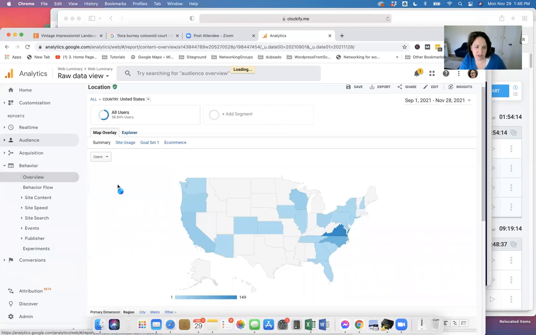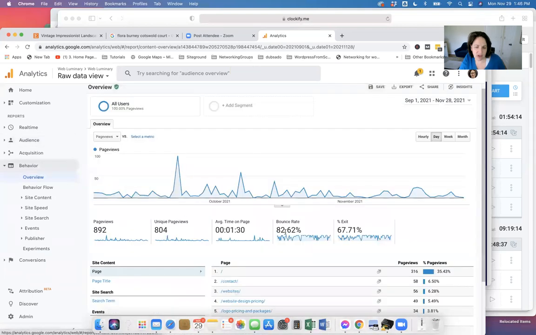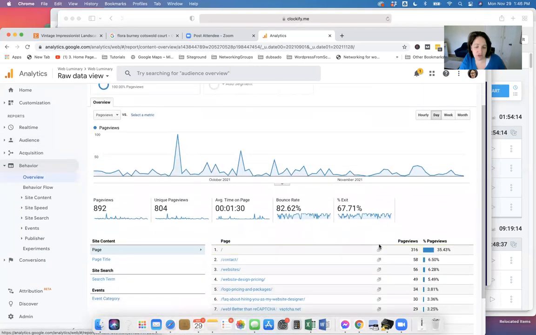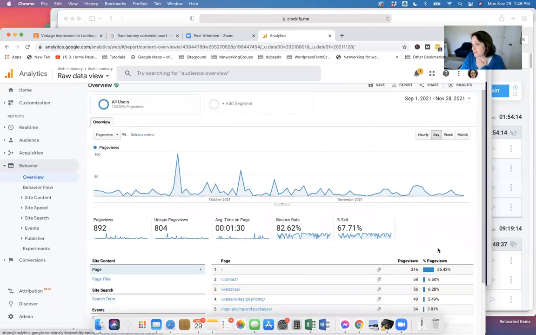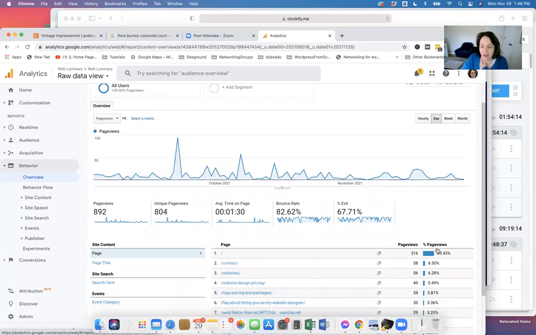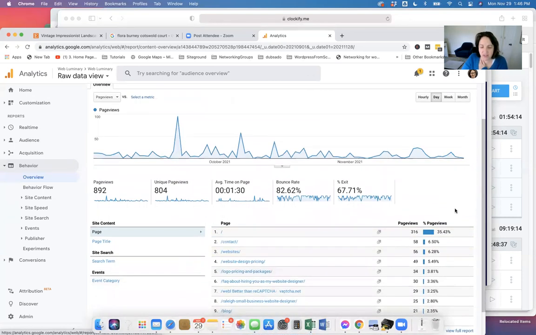This is interesting. The bigger your website is, the more interesting this is. The more blog posts you have, the more pages. It shows you what people are looking at. So the slash right here is the homepage.